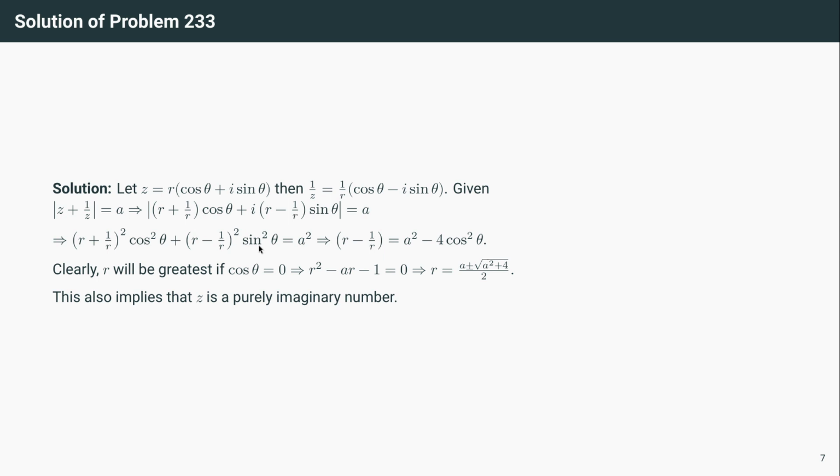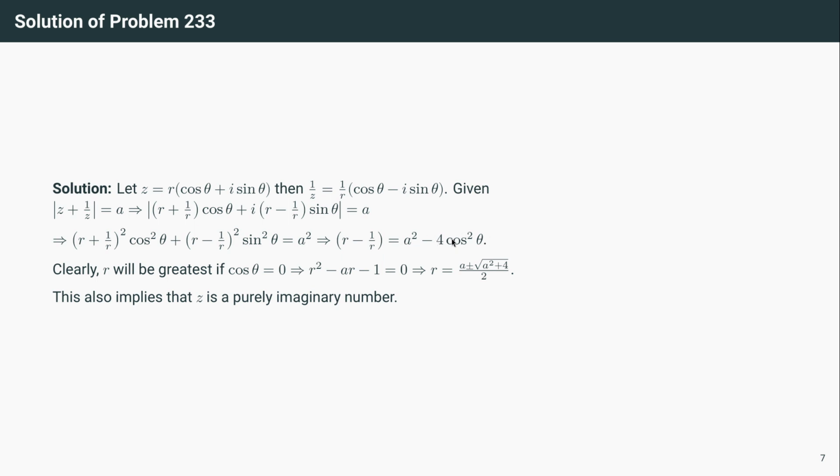Now we simplify this, it becomes r minus 1 by r whole square is equal to a square minus 4 cos square theta. Okay, so once we have this, we will have cos theta is equal to 0. Cos theta is equal to 0 we have taken so that this is the greatest value.